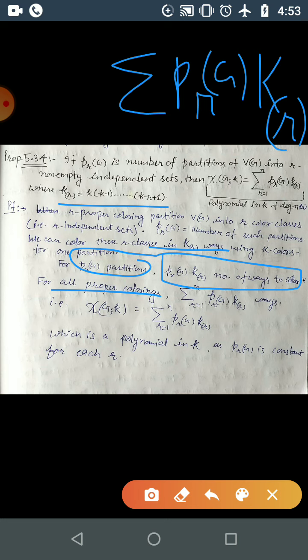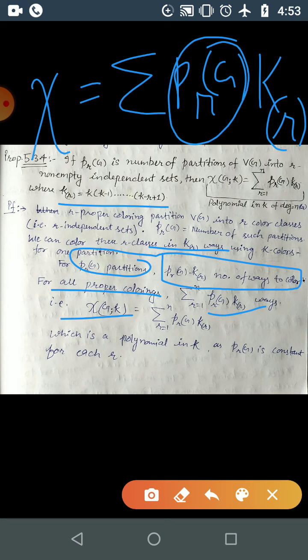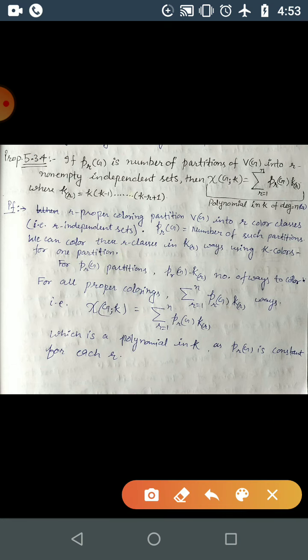So this way we are getting the chromatic polynomial of G when K colors are given, and obviously the number of partitions is constant, and R is running from 1 to n, correct? So this is a polynomial in K because this is the constant. So you can vary the number of colors and check how many ways there are to color the graph properly, okay?